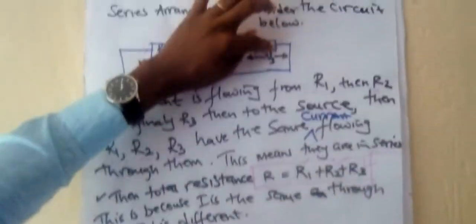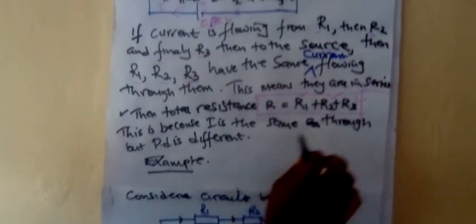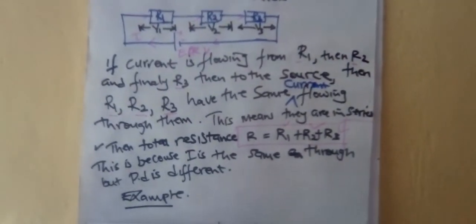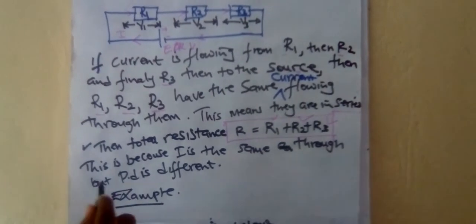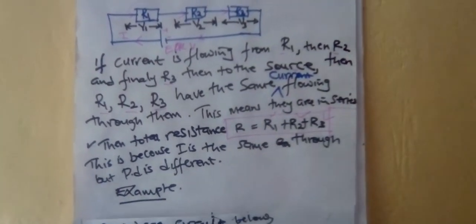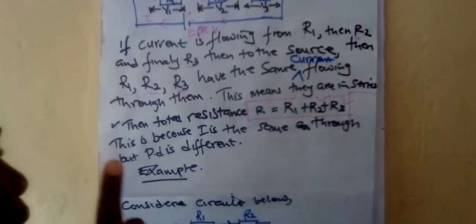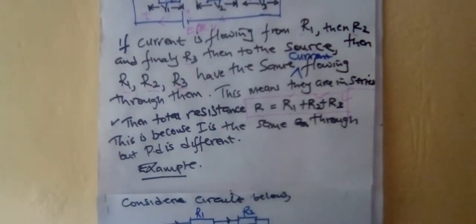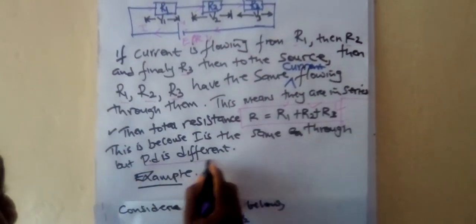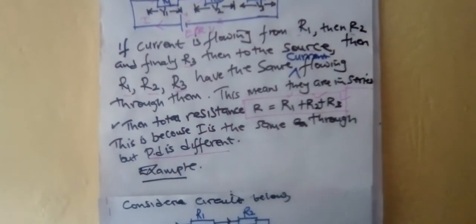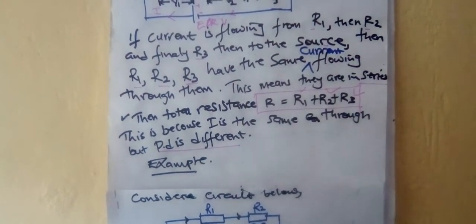If current is the same, then those resistors are in series. And to get the combined resistance, you just add them up. That is because current is the same. Now, for series arrangement, there is something else to note: PD is different. PD is different. Let us look at an example here.